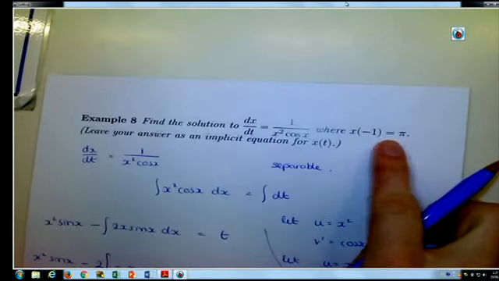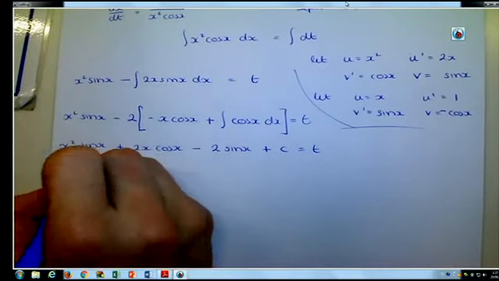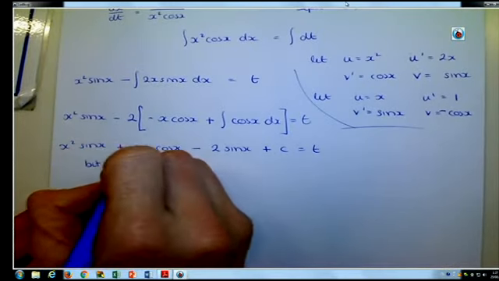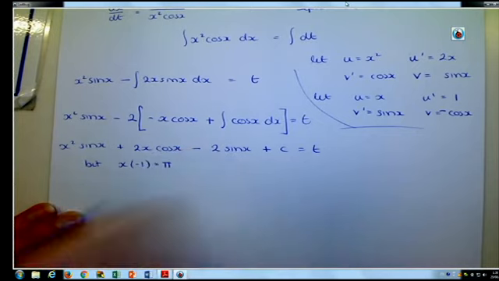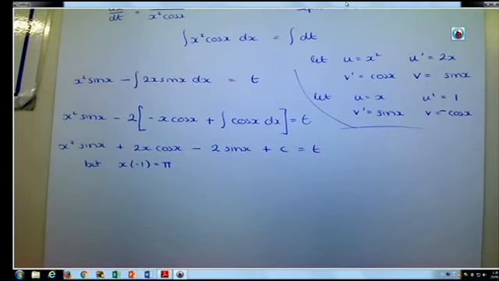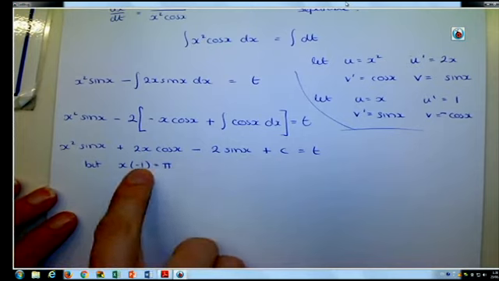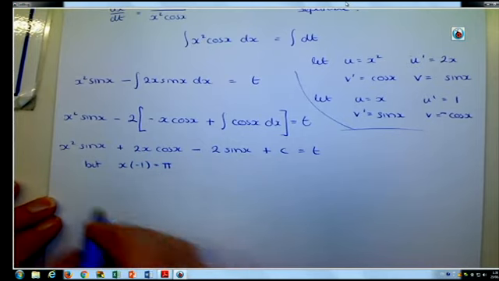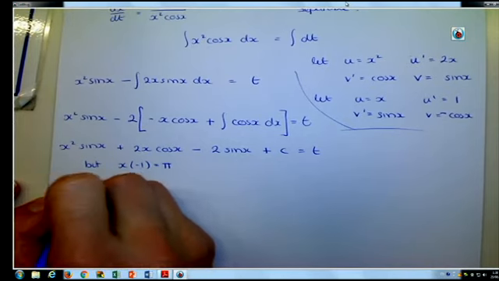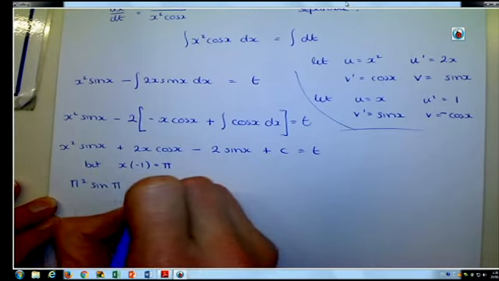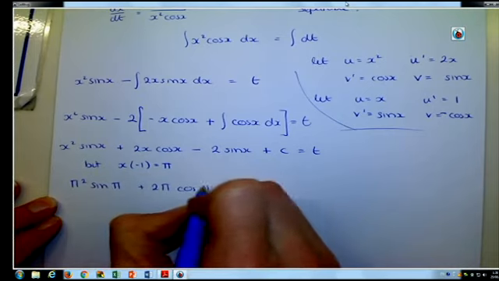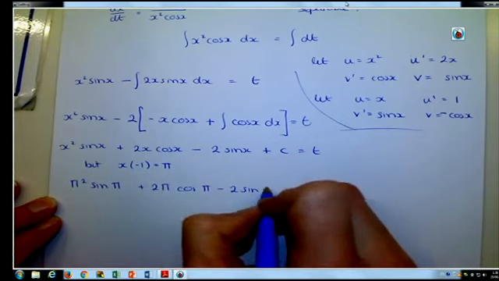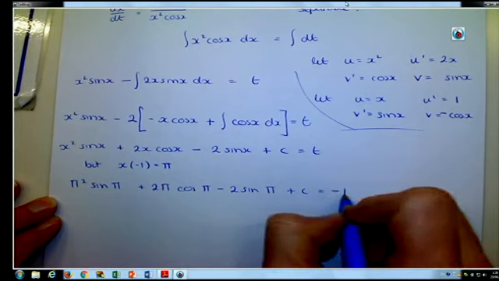Don't forget though, this is a boundary value problem, so we've got to find our C. But x of minus 1 is equal to pi. Let's be careful here. t is equal to minus 1 when x is equal to pi. So pi squared minus 1.